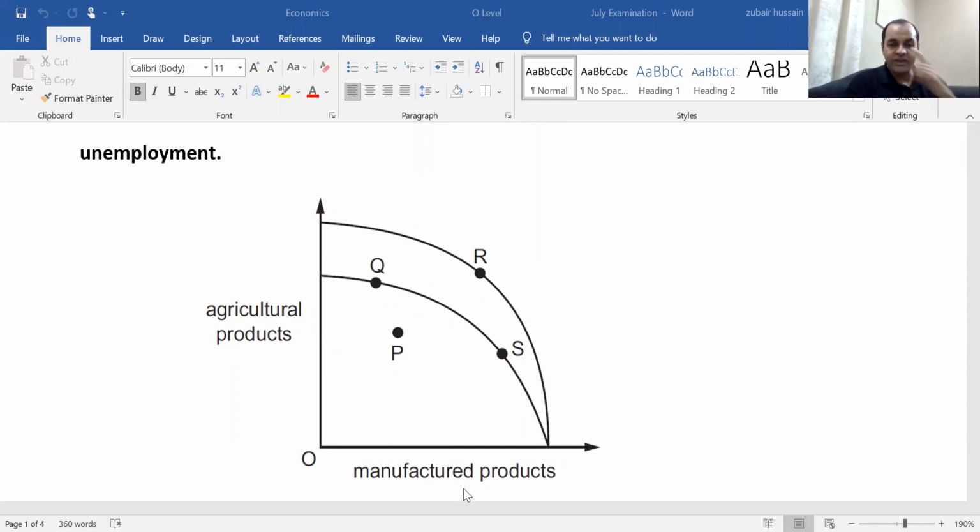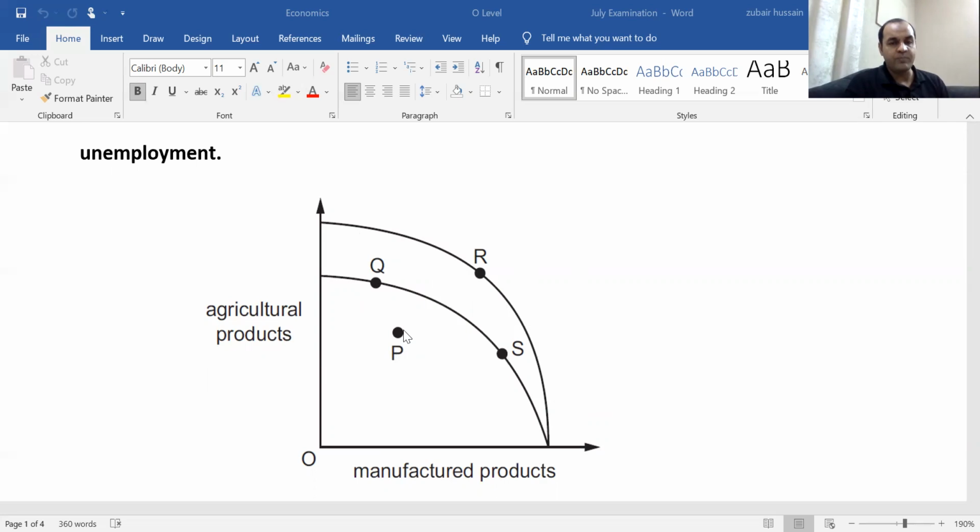If there is an increase in the technique of manufactured goods, the pivotal shift of the PPC is towards the manufactured goods. And in this question, the agriculture techniques have improved, so the pivotal shift of the PPC is towards the agriculture products like this one.